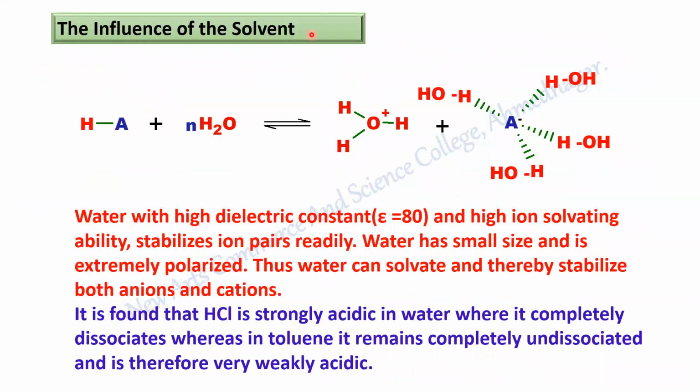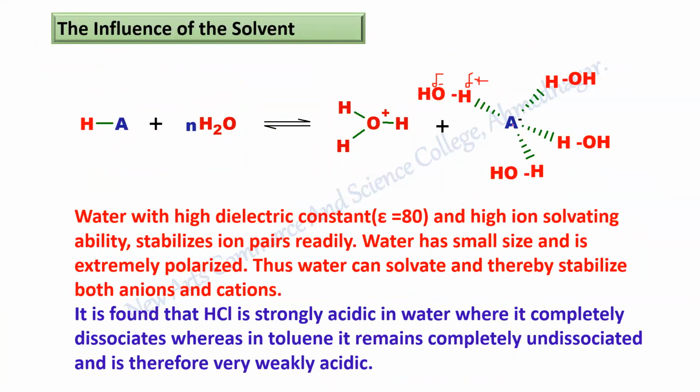Now, what is the influence of the solvent on acidity? This is the acid. In the presence of water, there is a protonation, and we get protonated water. And what is another role? Whatever conjugate base is generated, that is A minus, is stabilized by such solvation. The O-H bond in water is a polarized bond, so hydrogen has a partial plus sign and the oxygen has a partial minus.